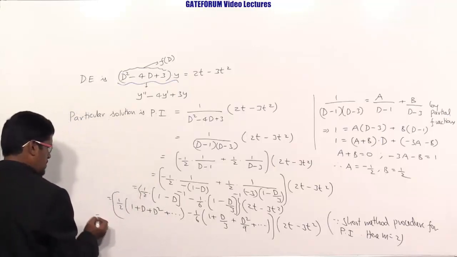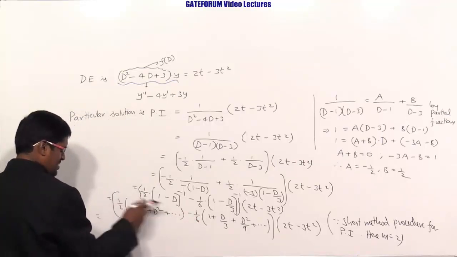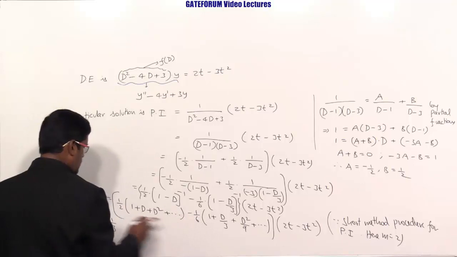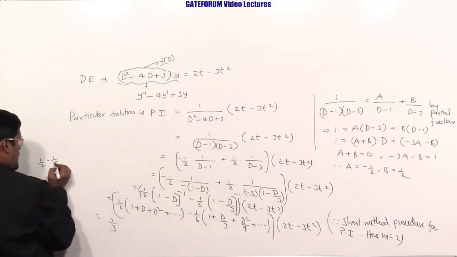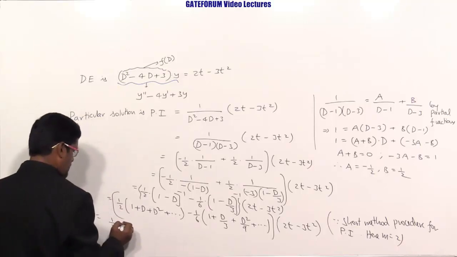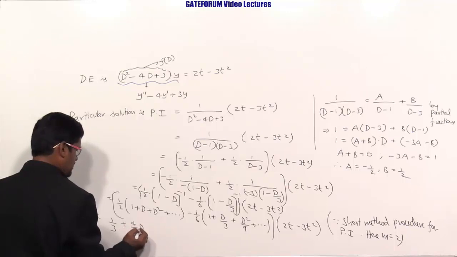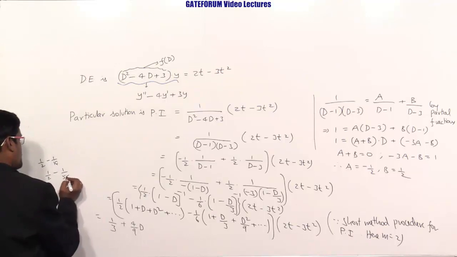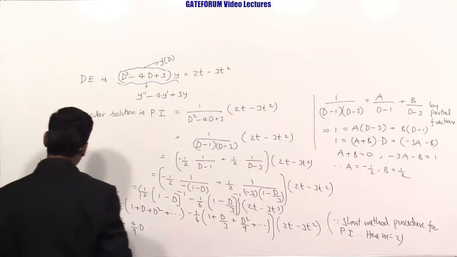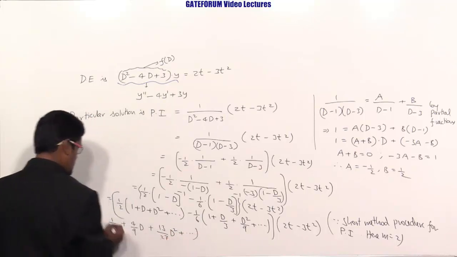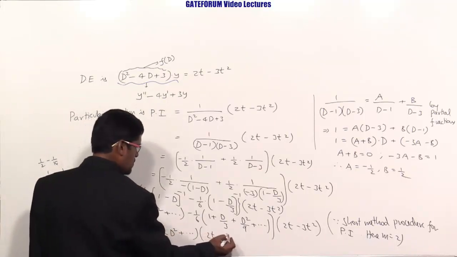So in this, half minus 1 by 6, that is 3 minus 1 by 6, 2 by 6 means 1 by 3, the constant term. And half minus 1 by 18, so 9 minus 1, 8 by 18, that is 4 by 9 into D. Next, 1 by 2 minus 1 by 54, 27 minus 1 over 54, so 13 by 27 D square, and so on, all operated on 2t minus 3t square.